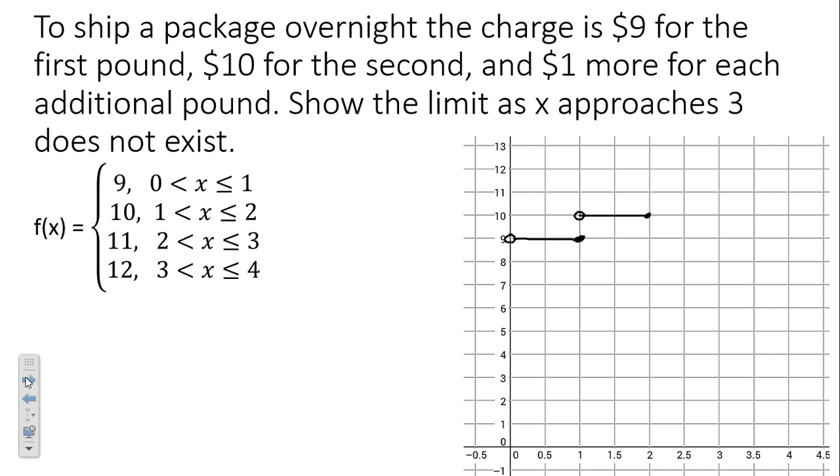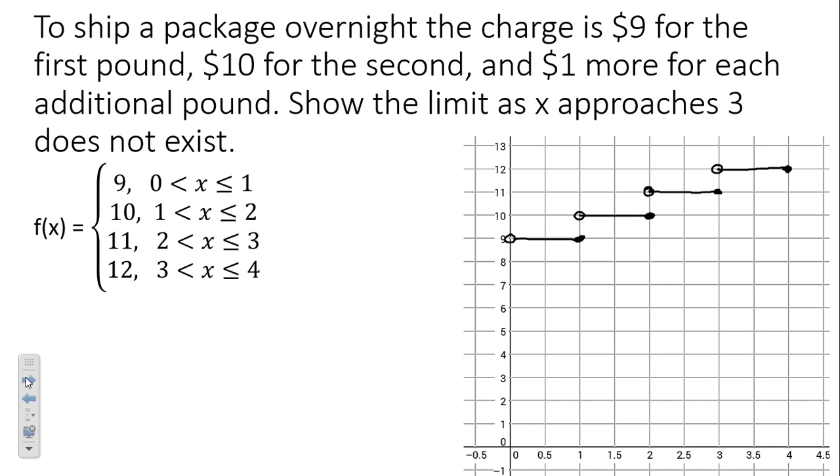And it's going to be the same until we hit 2 pounds. And then from 2 to 3, it's going to cost us $11, and from 3 to 4, it's going to cost us $12. And so forth.